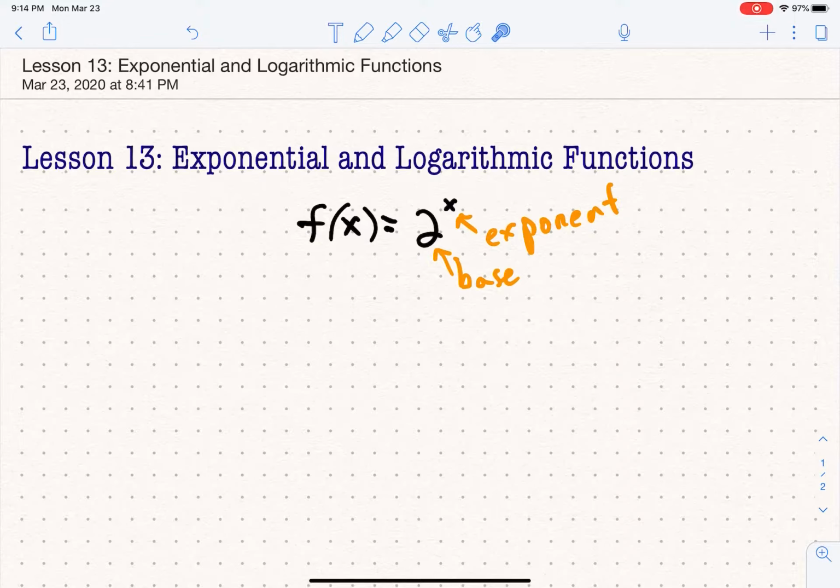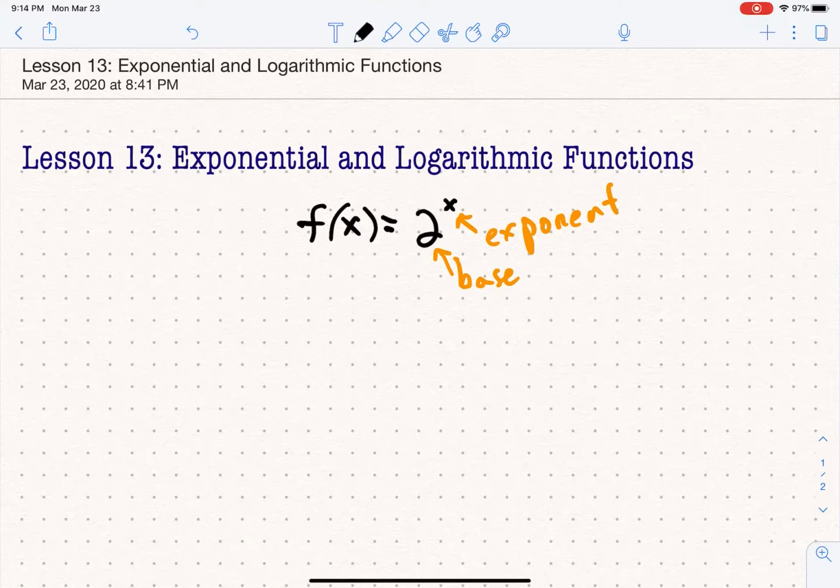And so what we're going to try to see is the following questions. What happens when we change the base? What if we look at different bases? And then what happens if we look at different numbers in the front, different constants in the front? And in particular, when I say what happens, I mean we want to look at the graph.